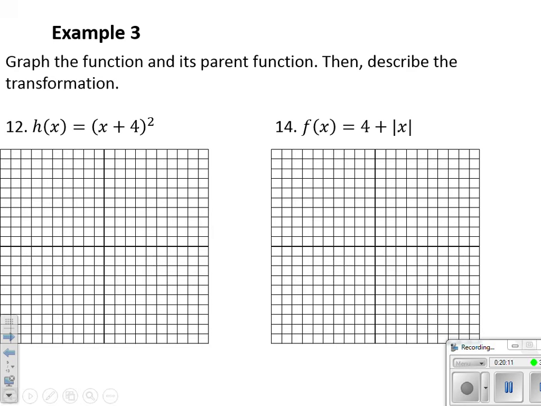I'm going to start by putting both parent functions on here. I think it's nice to be able to draw a basic parabola, a basic absolute value graph very, very quickly. So for number 12, we know that the parent function is involving the origin or really close to the origin, and then go up 1, over 1 from that vertex in either direction, over 2, up 2 squared, over 3, up 3 squared.